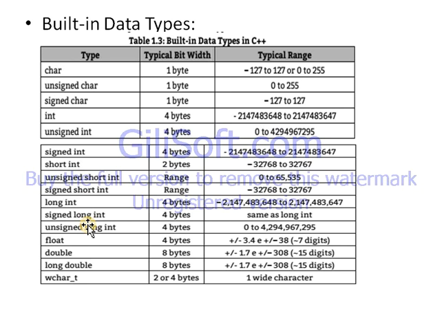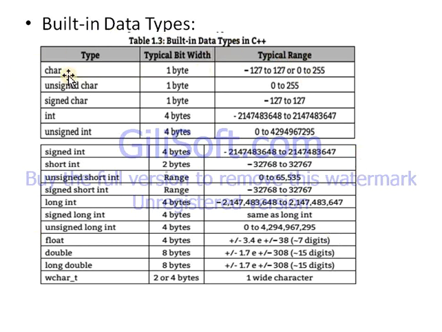Built-in data types are atomic data types, which are not composed of other data types. C++ compilers support all the built-in data types, also called basic or fundamental data types, and these are shown in this figure.